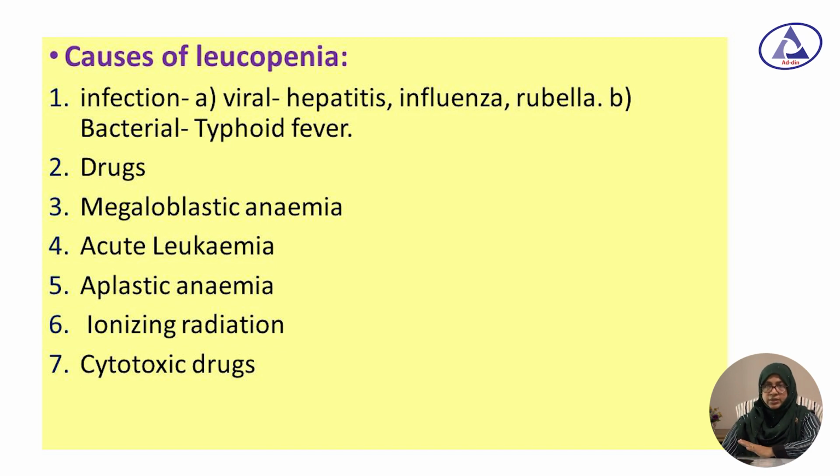Typhoid fever is different from other bacterial infections. Usually leukopenia occurs in typhoid fever, but in all other bacterial infections leukocytosis occurs. Second are drugs, megaloblastic anemia, acute leukemia, aplastic anemia, ionizing radiation, and cytotoxic drugs.